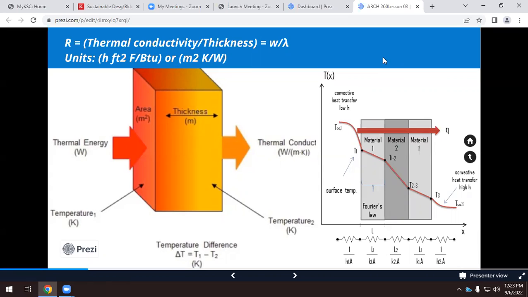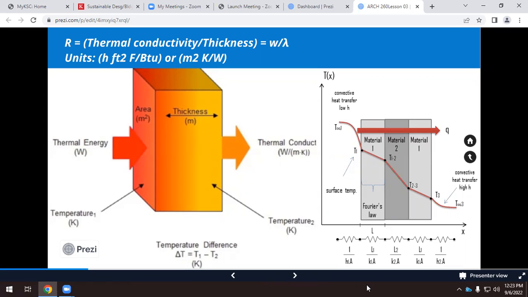Not today, but over the next few weeks, you have to master this. When you are dealing with thermal resistance, you need to know the unit. When you are dealing with thermal transmittance or thermal conductivity, it sounds the same, but it's different. And what do we have here? So this is the thickness. This is the distance that we are talking about, the thickness of the wall.